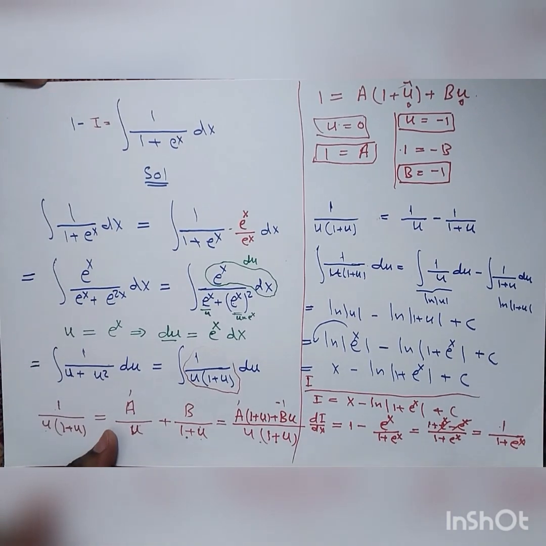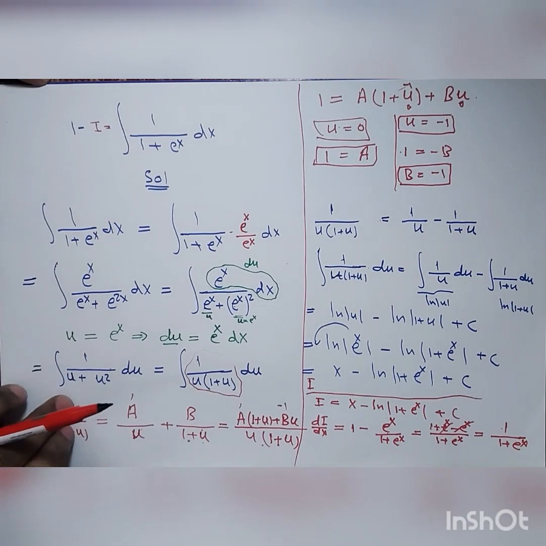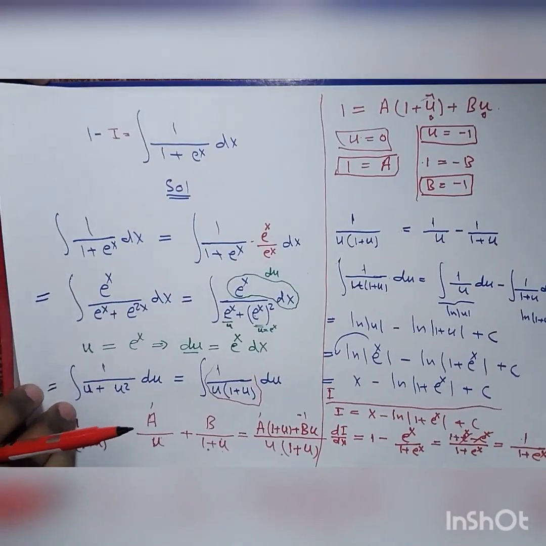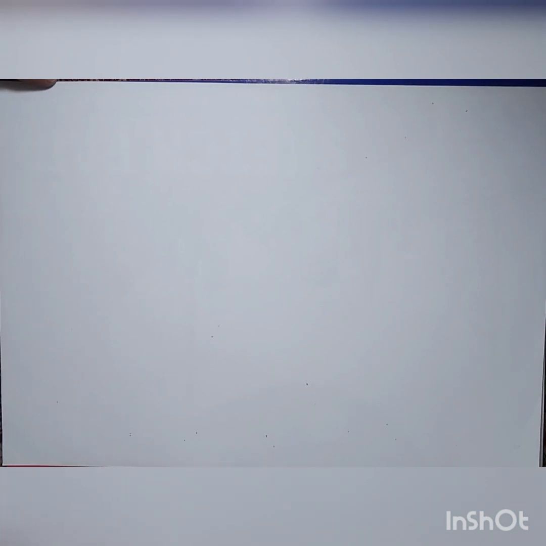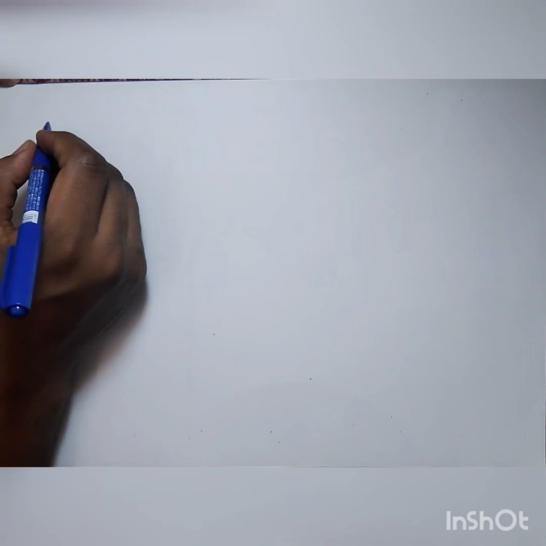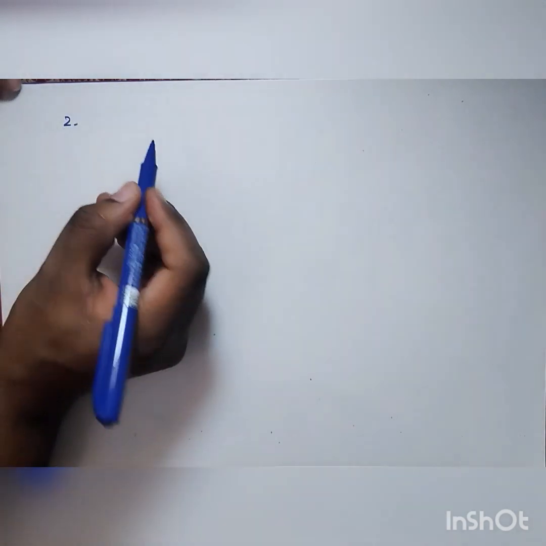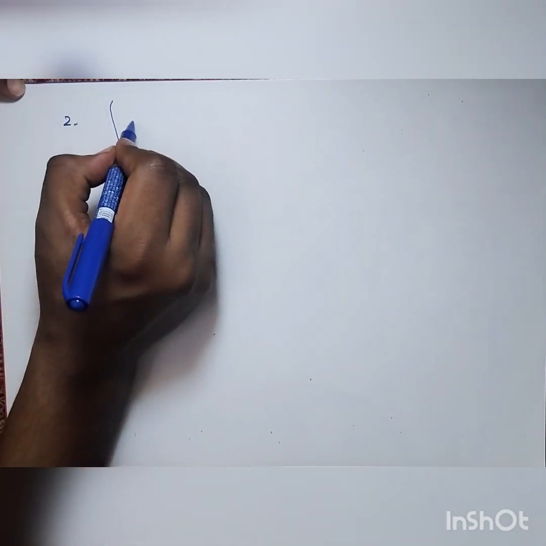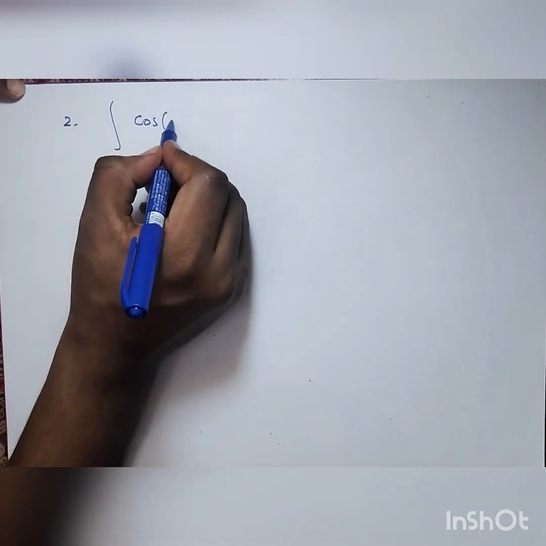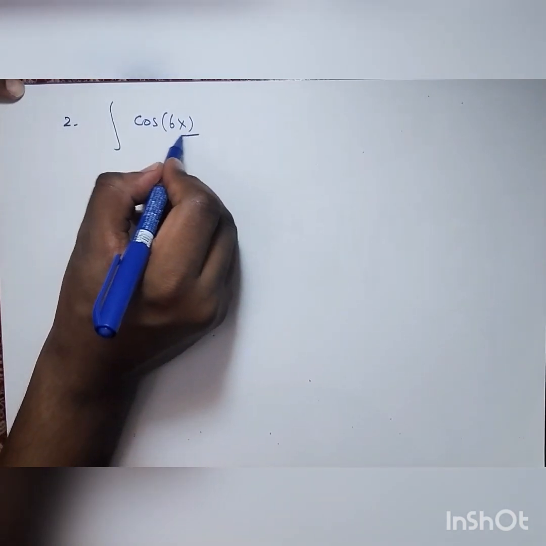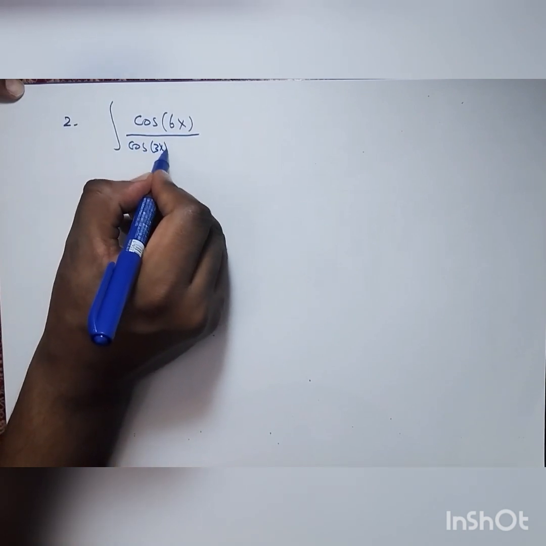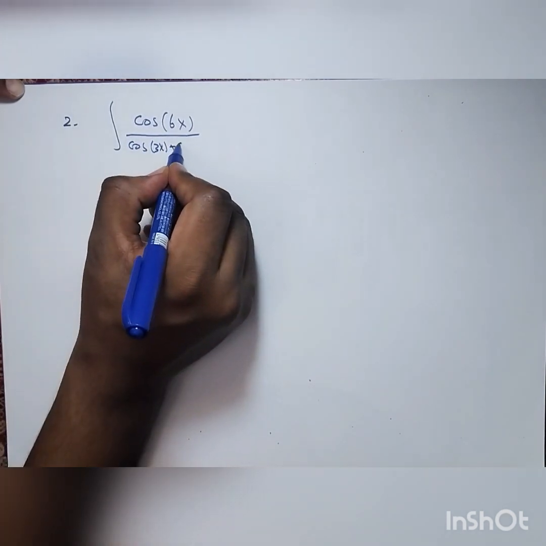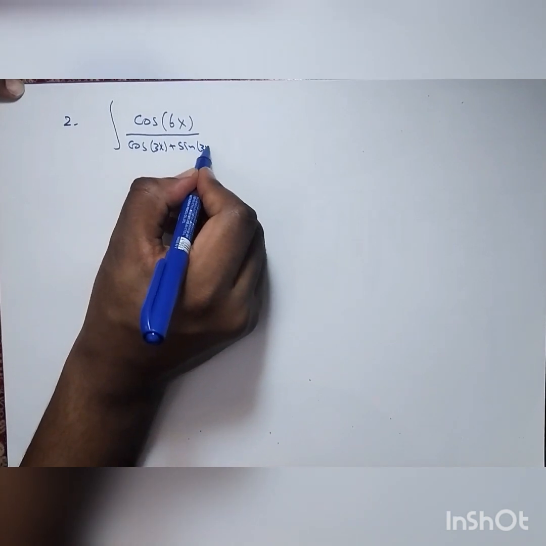So now let us proceed to the second integration. The second problem is the integral of cosine 6x divided by cosine 3x plus sine 3x.